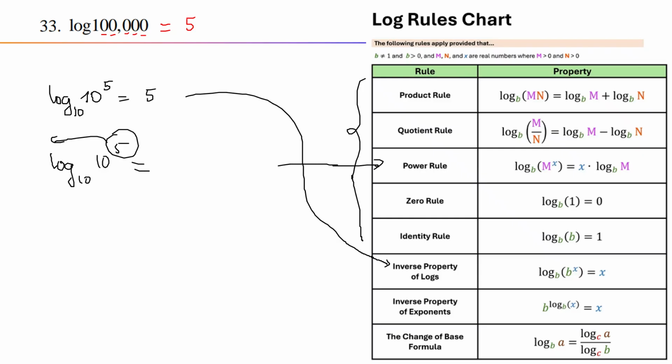Okay, so we will have 5 log base 10 of 10. Now log base 10 of 10, we use the identity rule, that is 1, so you have 5 times 1, that is 5. But if you know the inverse property of logs, then you just answer it as 5. Easy and quick.